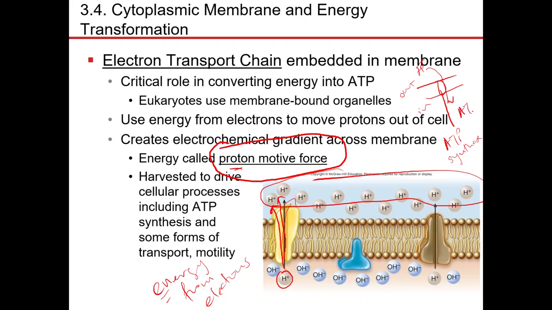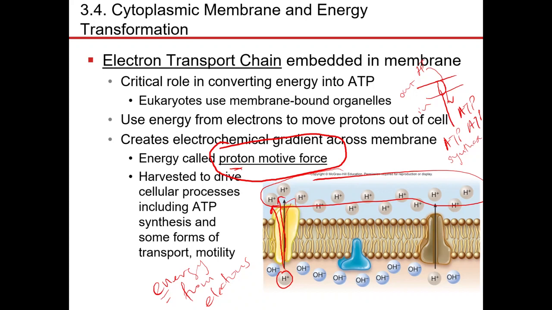So you have a lot of ATP being produced, and that's how these cells produce energy. They first pump the hydrogen ions out, so the hydrogen ions accumulate outside the cell, and then by concentration gradient, or electrochemical gradient, the hydrogen ions flow back into the cell through a specific protein channel called ATP synthase.